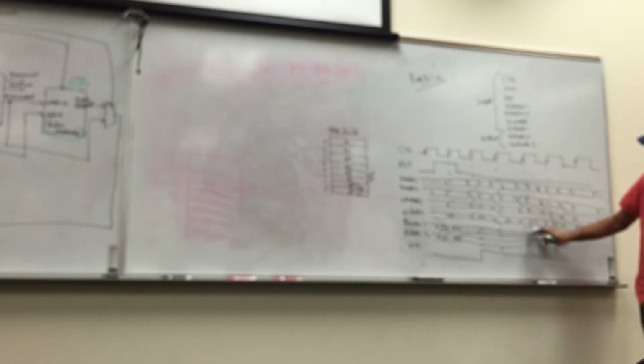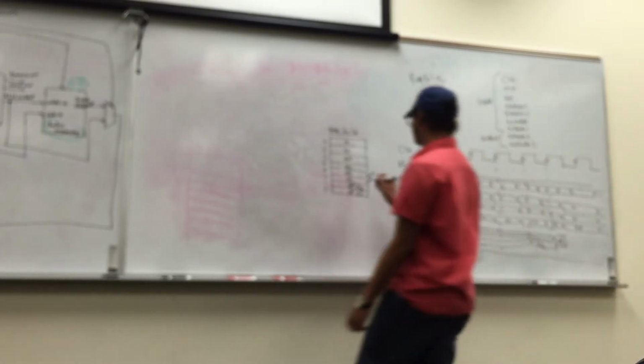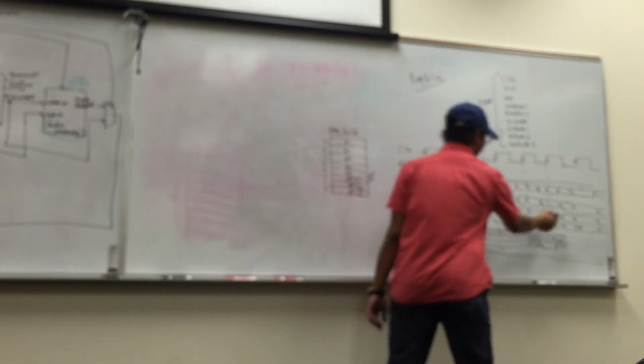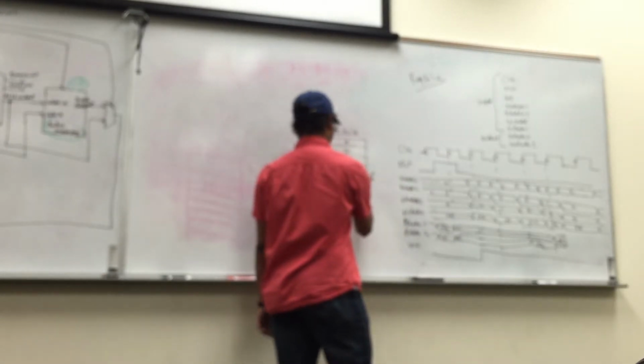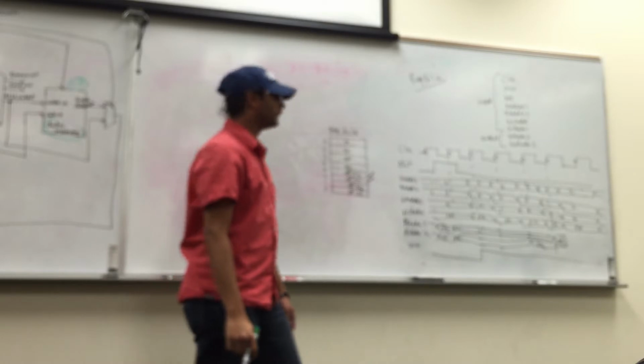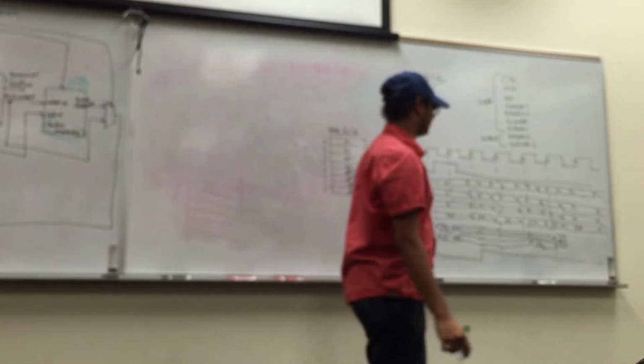Okay, so what will happen here during the write? 2 will become 22, right? And the next thing, 3 will become 56. Okay? So I'm just reading and writing at the same time.